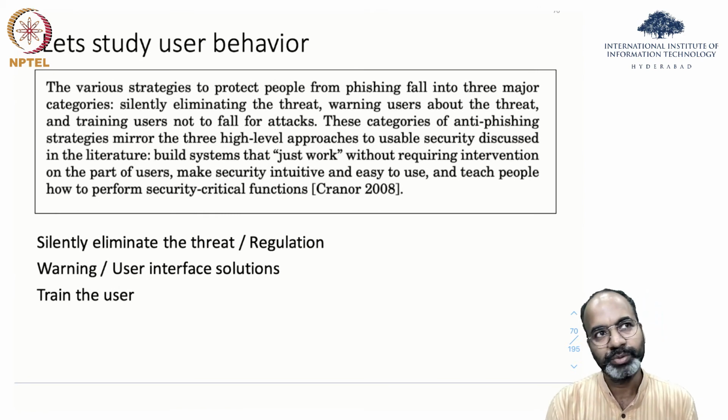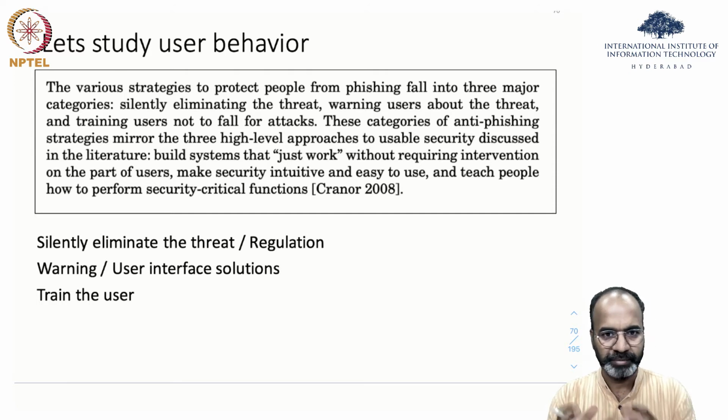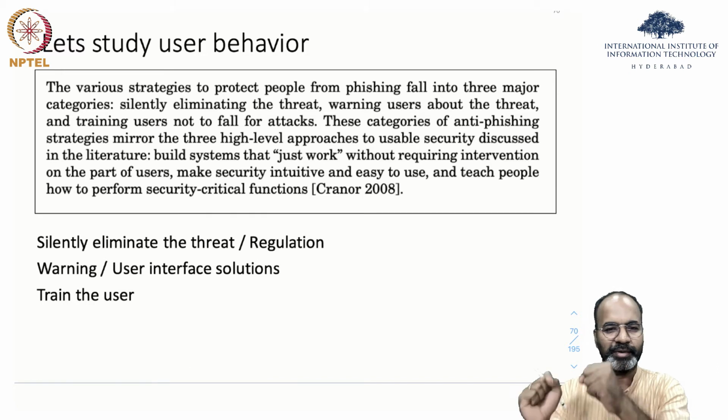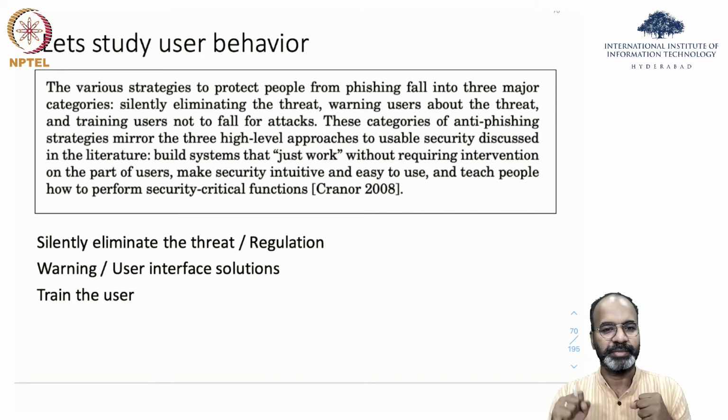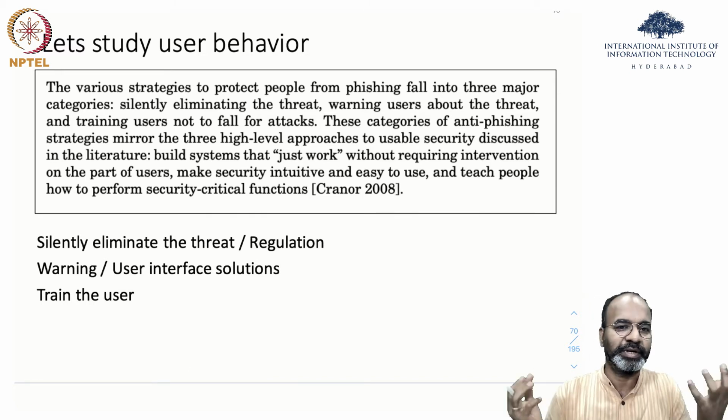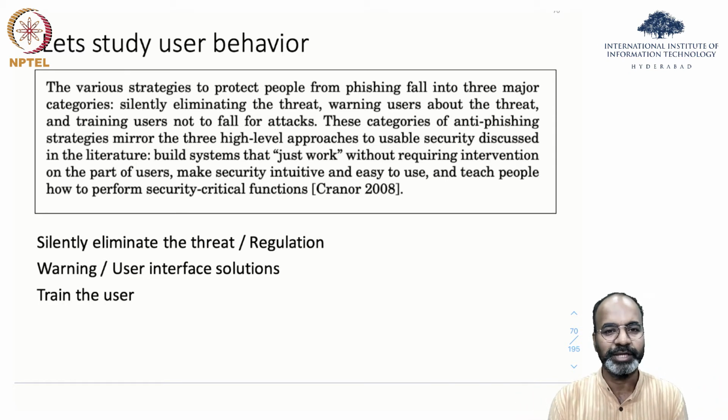And then in week 4, we started looking at user behavior. In terms of privacy, if you look at anonymization, all of these are methodologies, technologies that you can build where there is no need for user intervention.